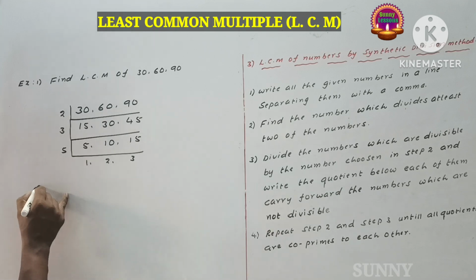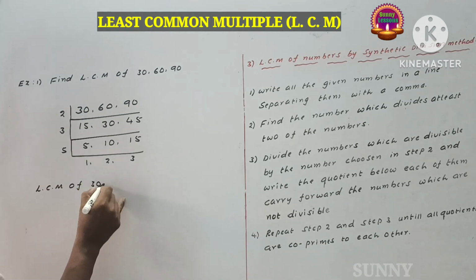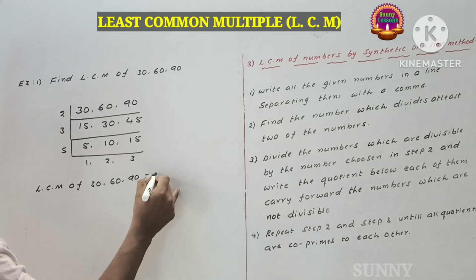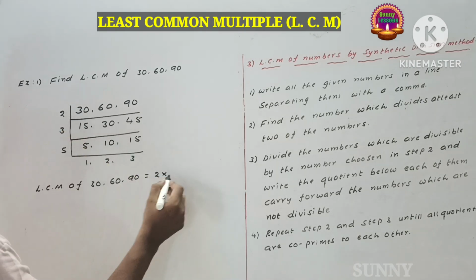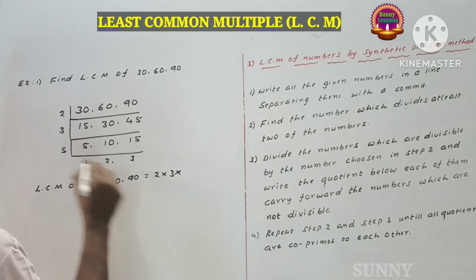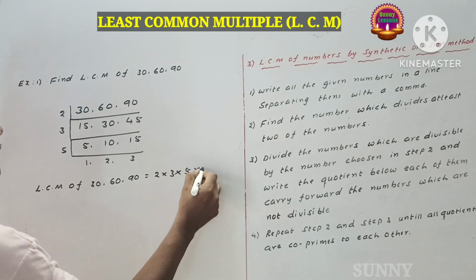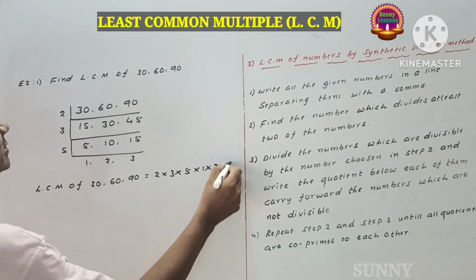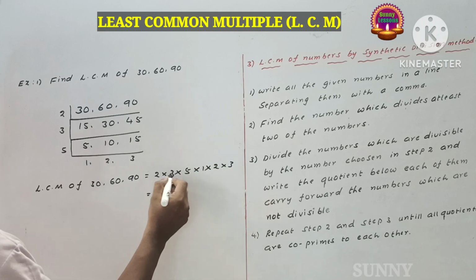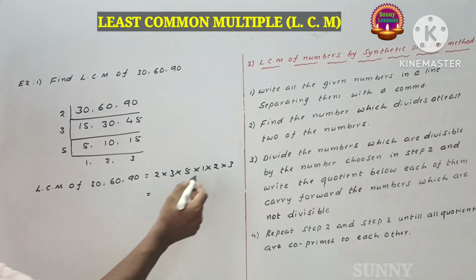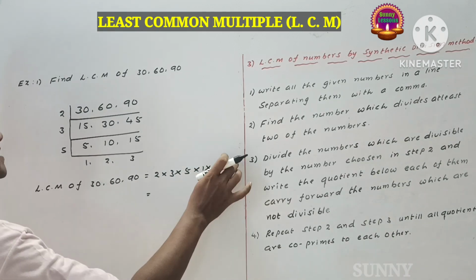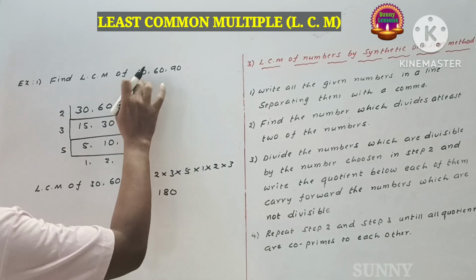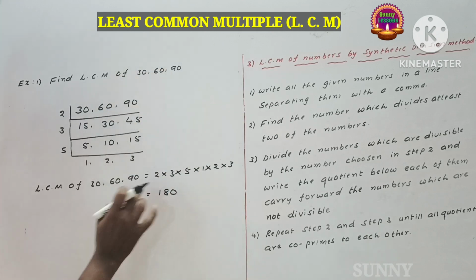In this case, the LCM of 30, 60, 90 is 2 into 3 into 5 into 1 into 2 into 3. 2 3s are 6, 6 5s are 30, 30 2s are 60, 60 3s are 180. So the LCM of 30, 60, 90 is 180.